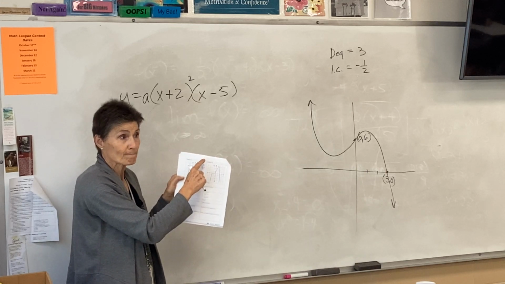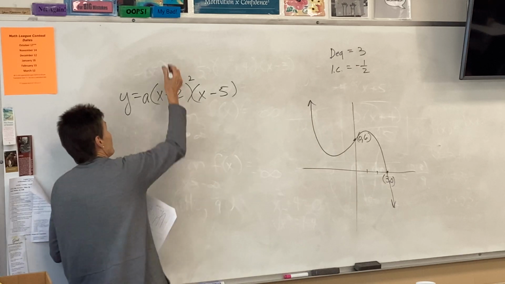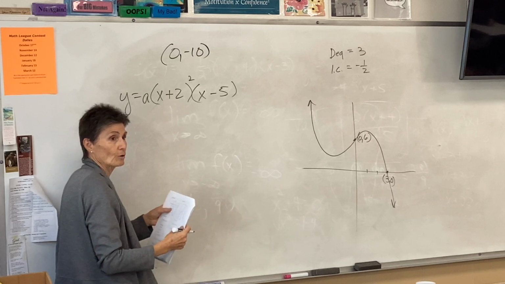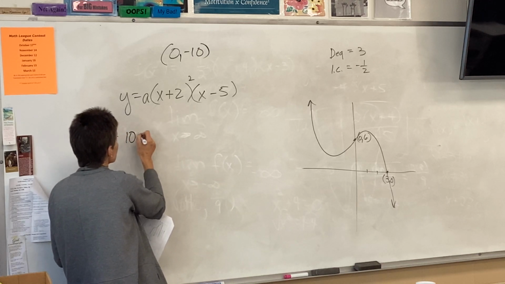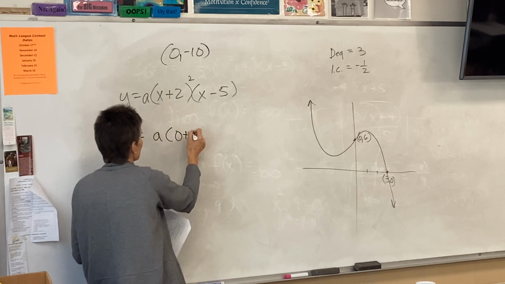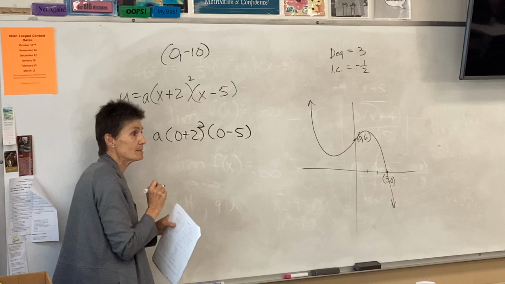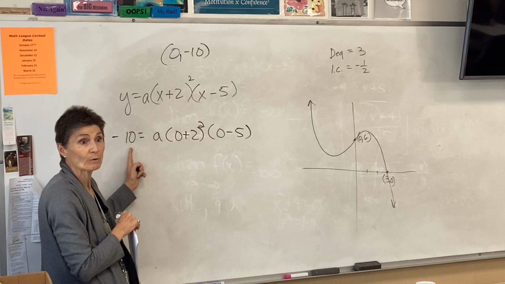Would you agree? Okay. Now I also know that the point 0, -10 is on the curve. So if I put zeros in for all of my x's, I have to get -10 back out. Would you agree with that?